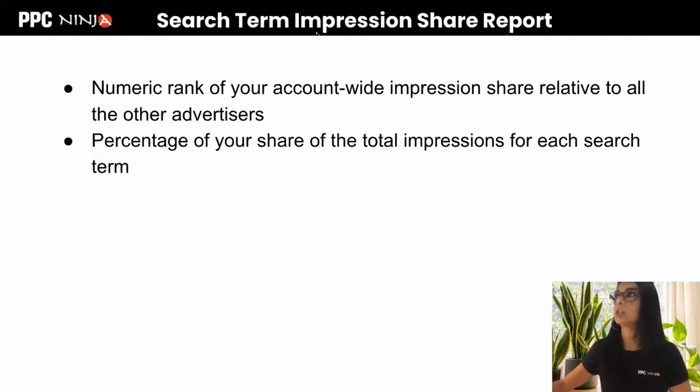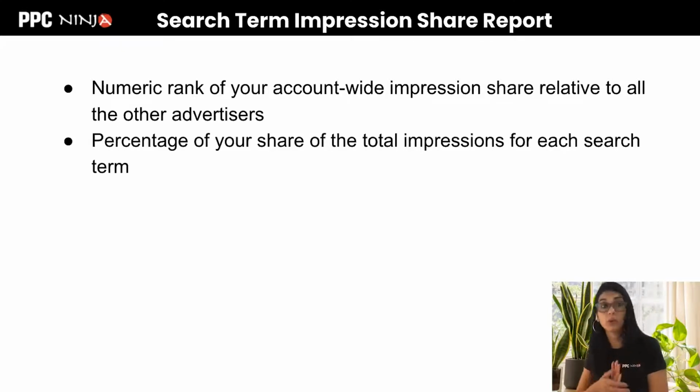This is the search term impression share report. And what it is, for your search terms, how much of the impression share did you get? It's essentially that, right? By search term on Amazon, what percentage of those searches actually went to your products?